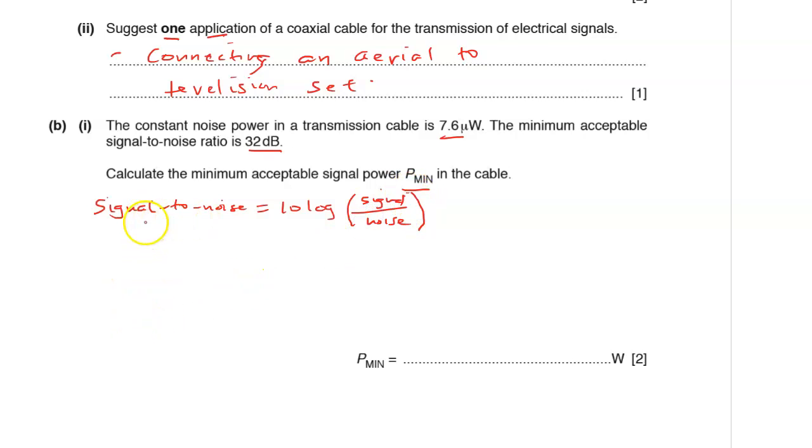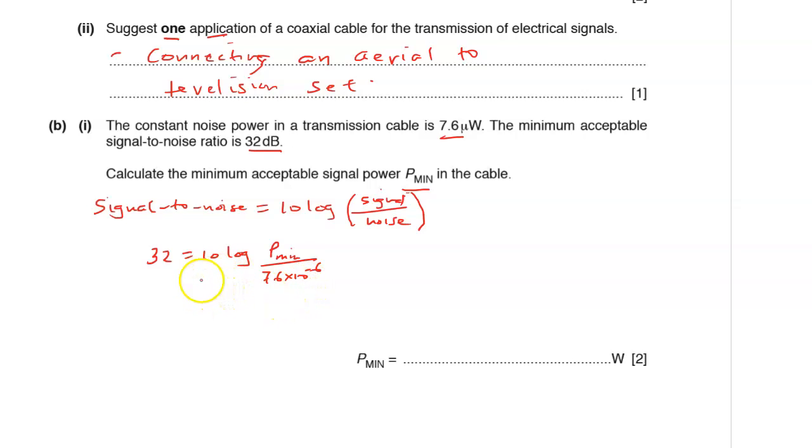We are given signal to noise ratio, which is 32 decibels. So 32 decibels is equal to 10 log signal, which you are supposed to calculate. We are supposed to calculate the acceptable signal power, P min, so the minimum power that is acceptable, divided by noise. Noise you are given here. The constant noise power in a transmission cable is given as 7.6 times 10 raised to power minus 6.